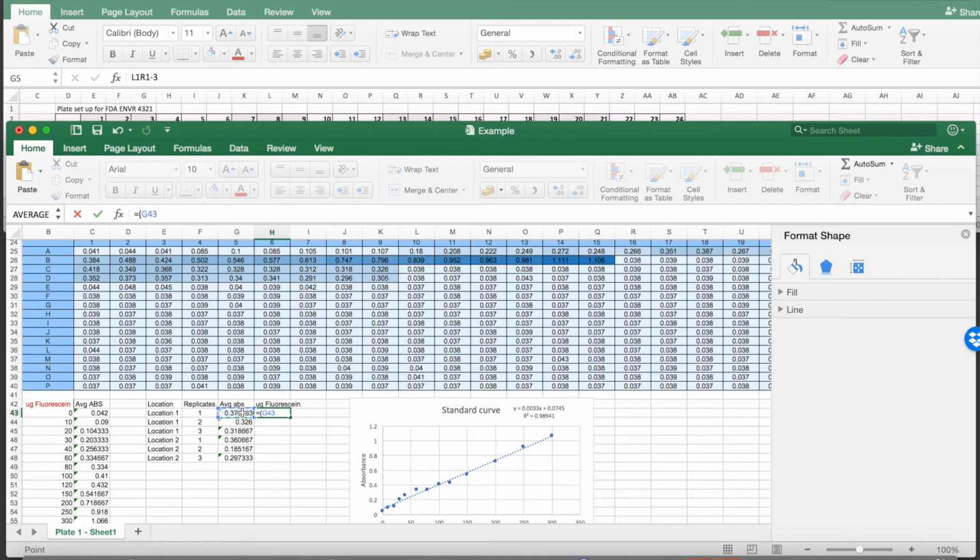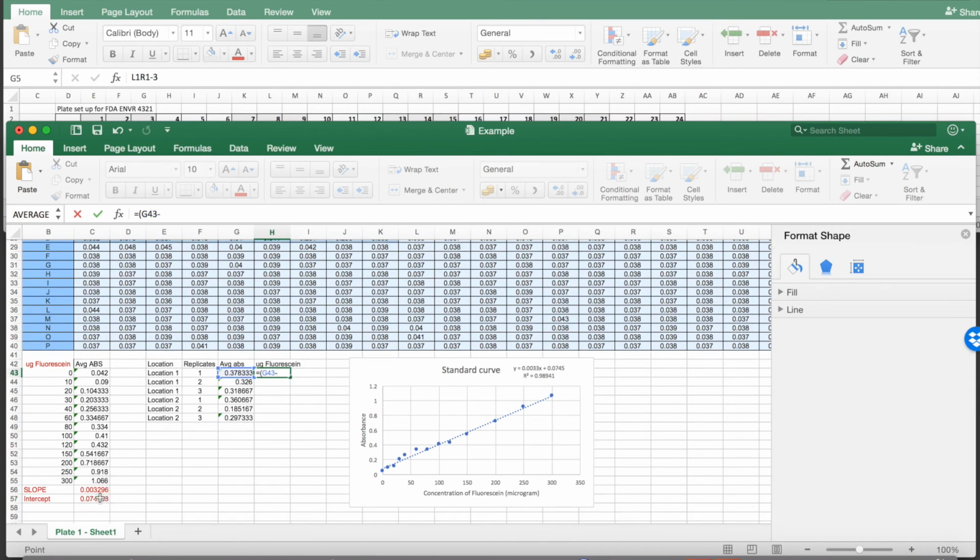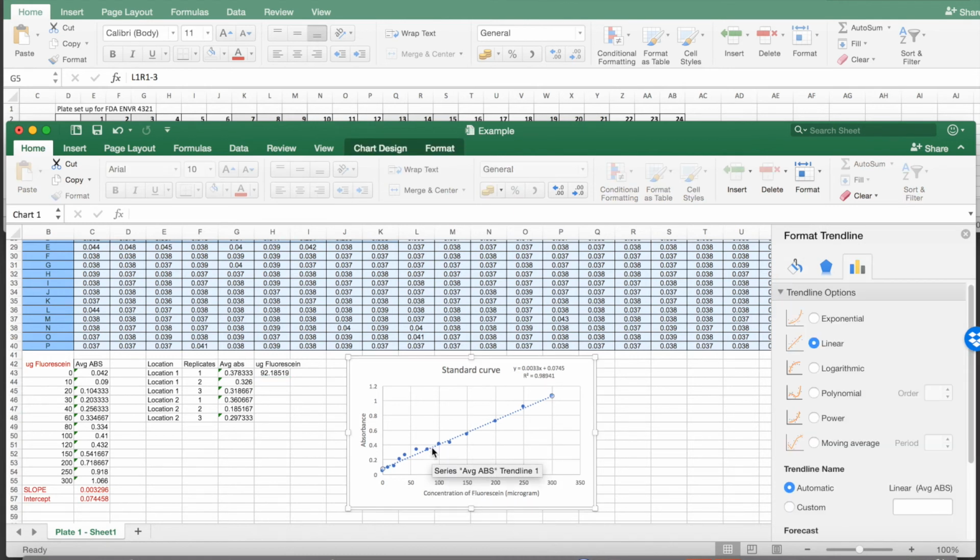We're going to subtract our intercept, which is here. We're going to close parentheses, and we're going to divide by the slope, okay? So this is our concentration of fluorescein for location 1, replicate 1. We obtain 92 micrograms of fluorescein, which puts the sample close to here, where I'm showing with the mouse.